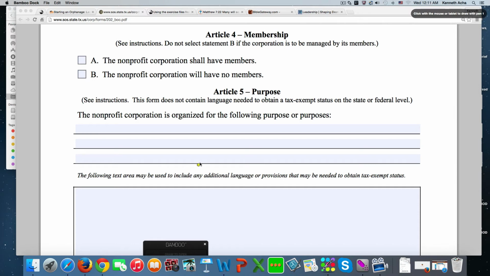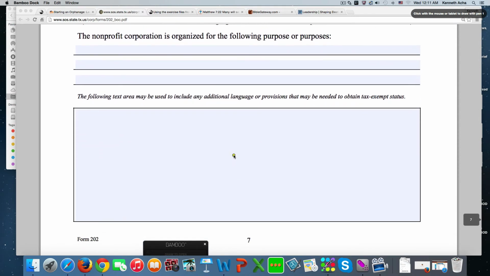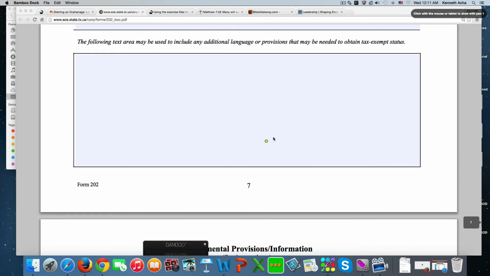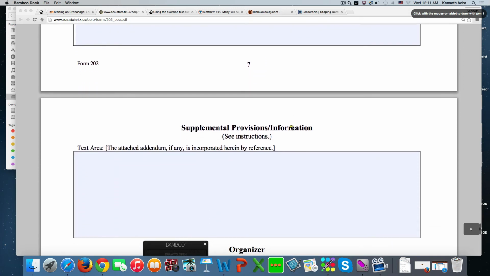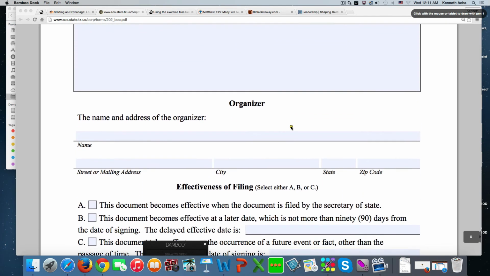Okay, so we continue and see that the following text area may be used to include any additional language or provisions. You could use these text areas now to include the details that the IRS is going to be looking for.